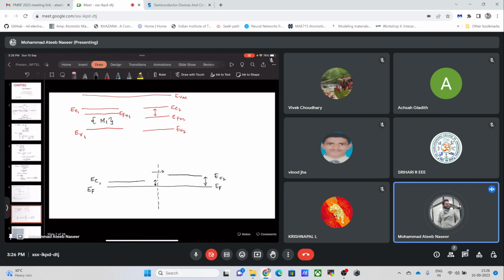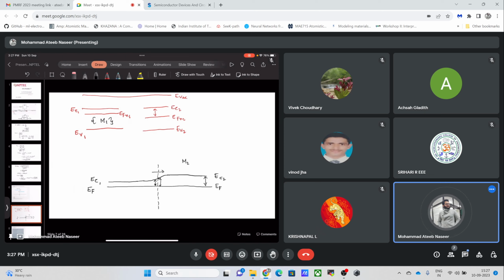It would be like this. M2 will be having more electrons as compared to its bulk, because at the interface the transfer of electrons has occurred from the conduction band of material 1 to material 2.